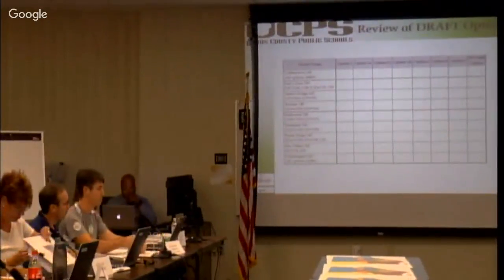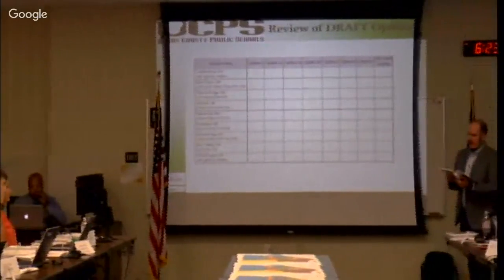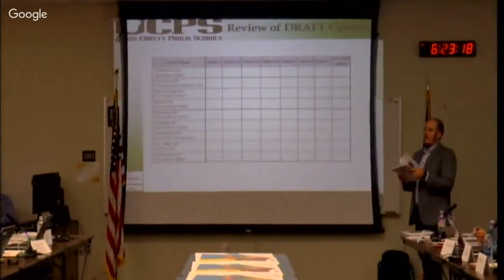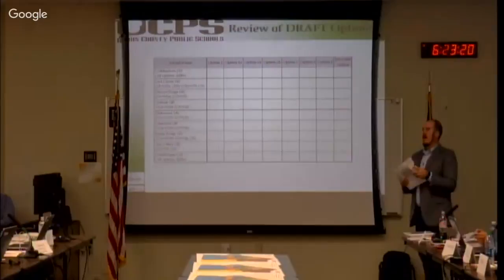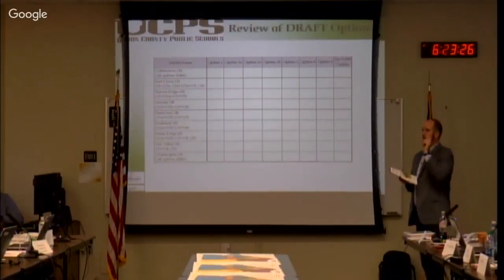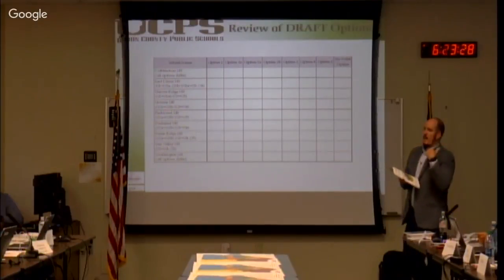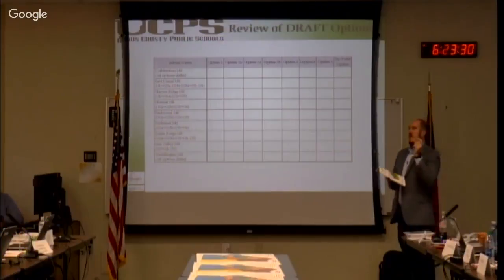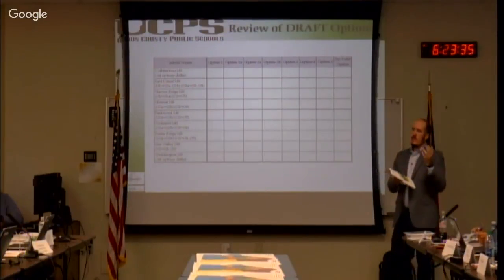Yes, and I've reviewed the capacities, and the board and the staff have reviewed capacities. The Prospect question was unique. It's not to say that the 100% capacity is inadequate for Prospect, but I did note that it has an undersized cafeteria, which is notable.